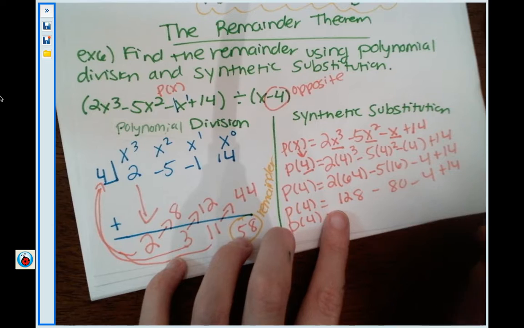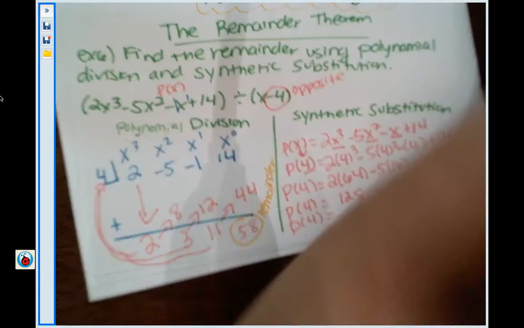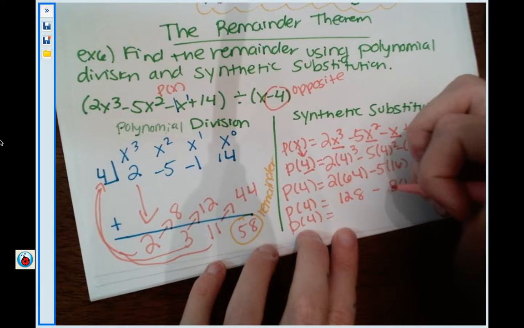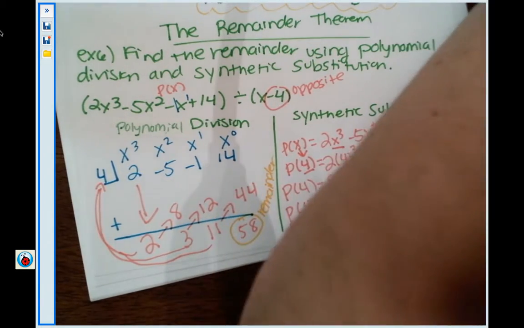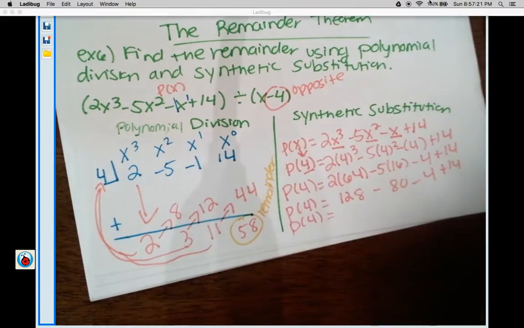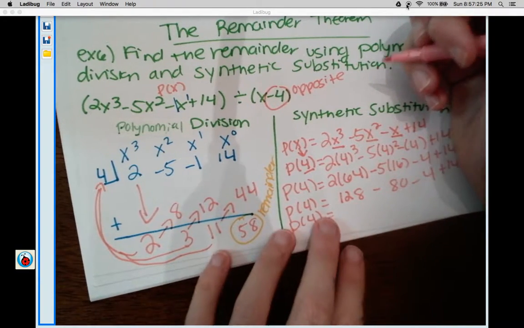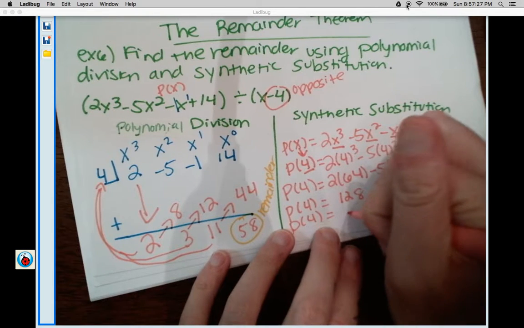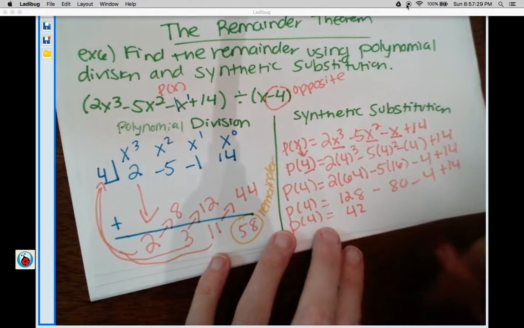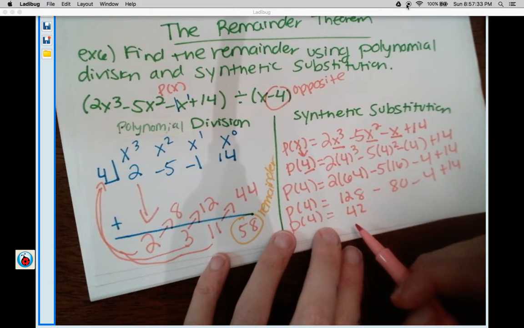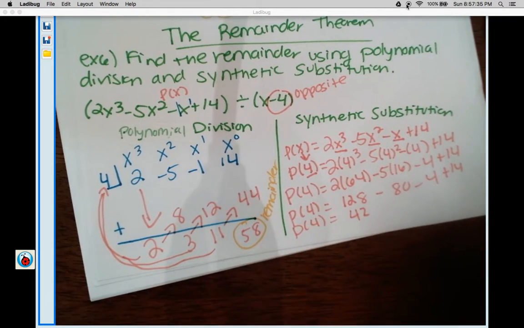Let's see, 128 minus 80 will be, minus 28, 42, I'm pretty sure. Let me double check. Or no, it'll be 52. Sorry, guys.